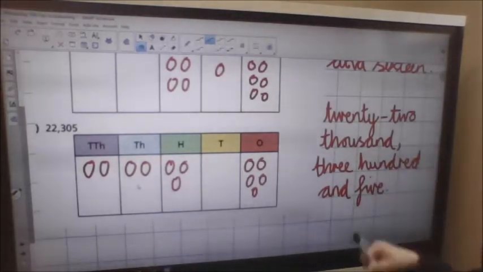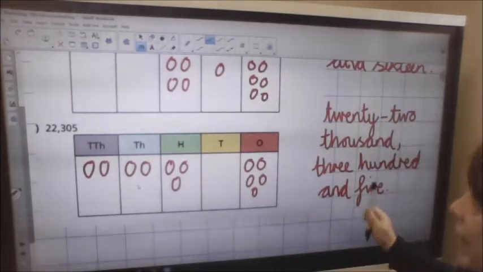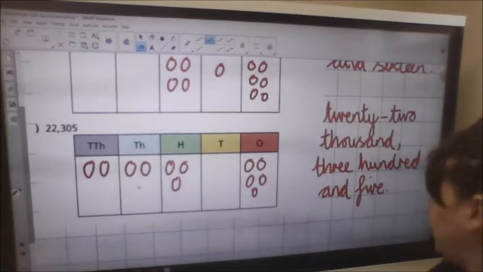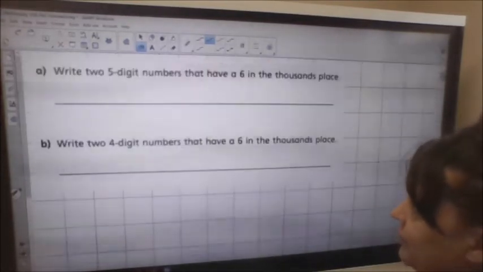Okay, 22,305. Okay, well done if you've got those both correctly written in words and the correct amount of counters.